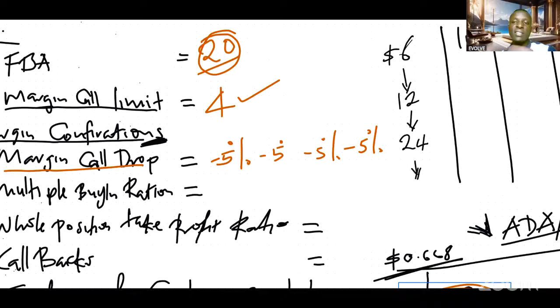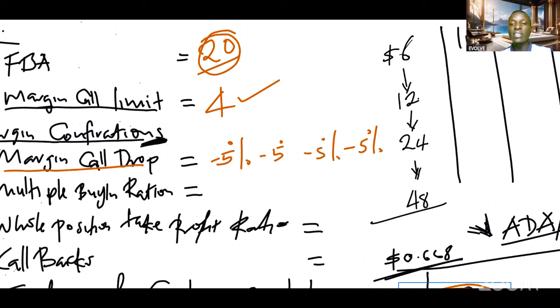How much money is that? What is the capital? This is 6 plus 12, that is 18. 18 plus 24. How much is that?